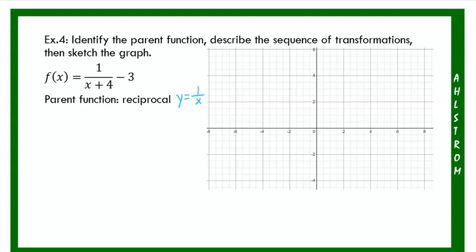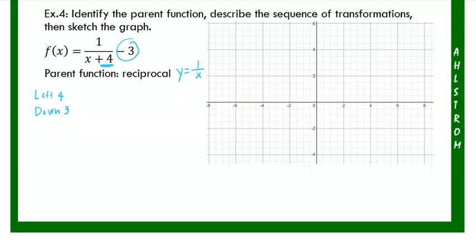And if you see what changes happen to it, we saw that there was a +4, and we treat it just like a number being added inside the function, so it affects the x. So that would be a horizontal translation, or it's actually going to go left 4. Okay, and over here, that is outside of the function, so it's just going to go down 3.